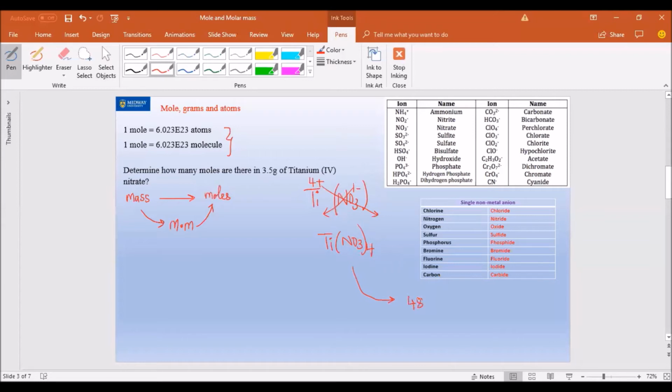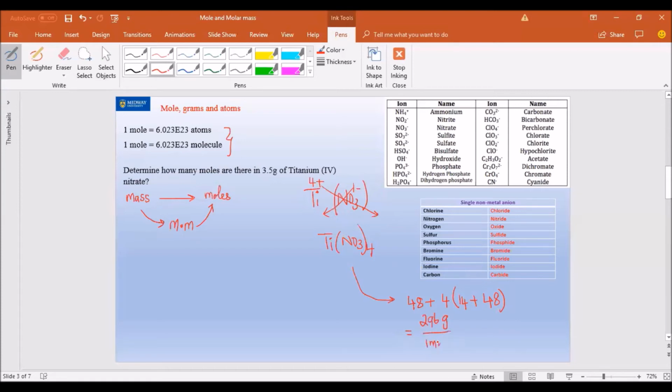I just rounded off. 48 plus 4 times nitrogen is 14 plus 3 oxygen is 48. So if you do the math, you will get 48 plus 14 times 4 plus 48. So that's 296 grams over 1 mole.